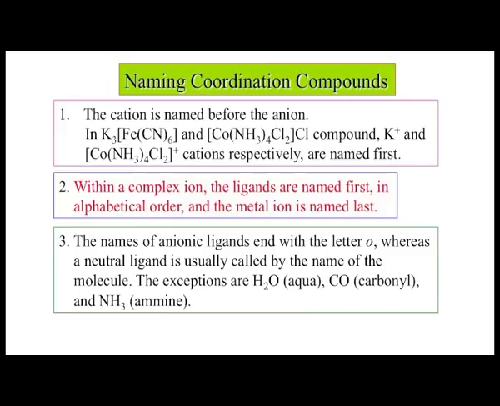Similarly, when amine groups are present in the [Co(NH3)6]3+ cationic part, we know that is the hexaamine cobalt 3 complex part, and similarly the carbonyl is also named as carbonyl, in the corresponding Ni(CO)4. So, the tetracarbonyl compound is tetracarbonyl nickel 0.